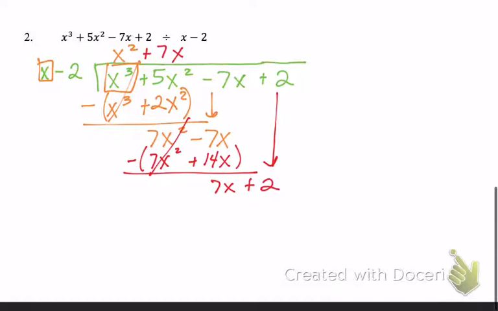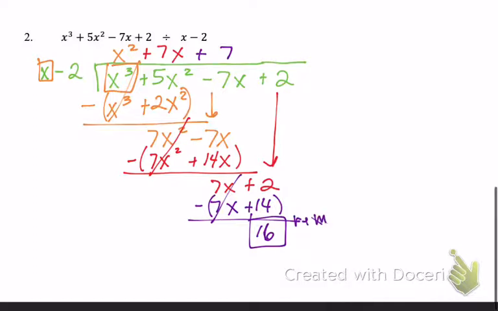And then to get from x to 7x, I multiply it by a positive 7. So then I get 7x, 7 times a negative 2 gives me negative 14. This goes away, this becomes a positive 14. So I have 16. So 16 is my remainder.